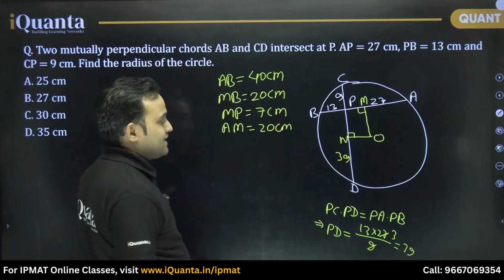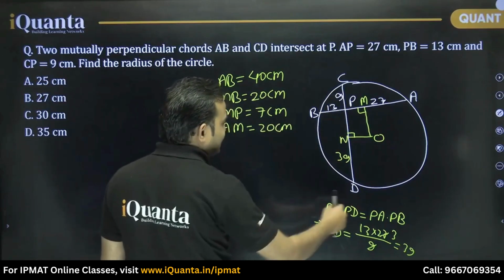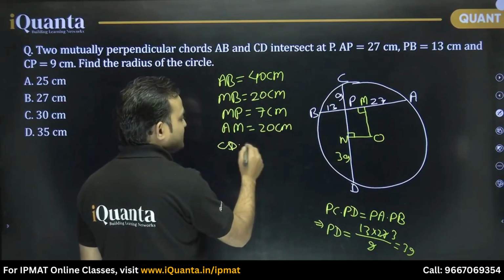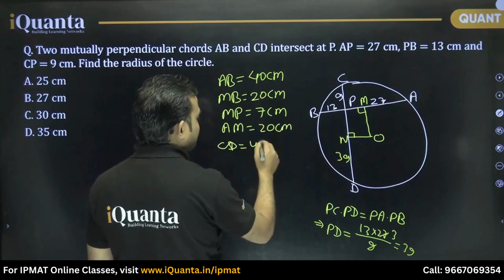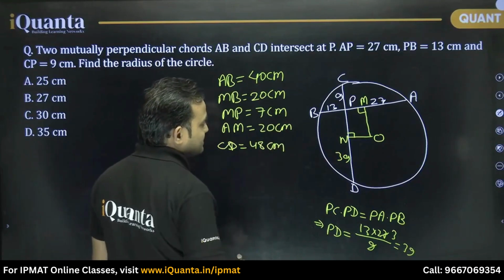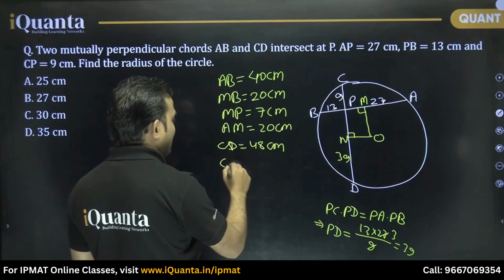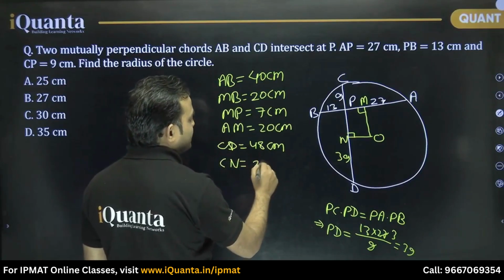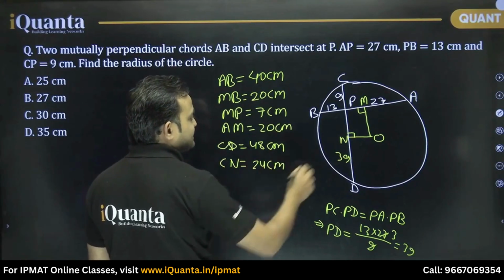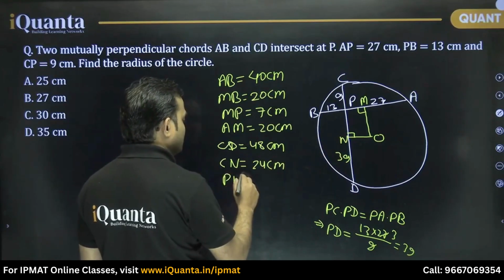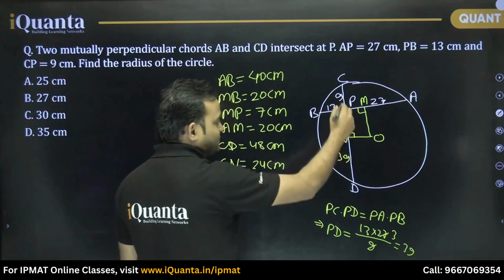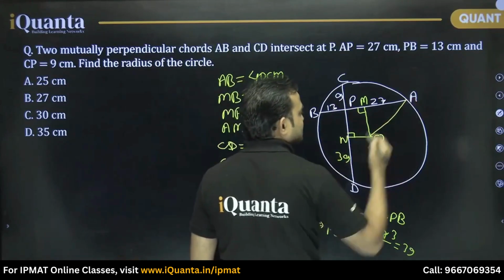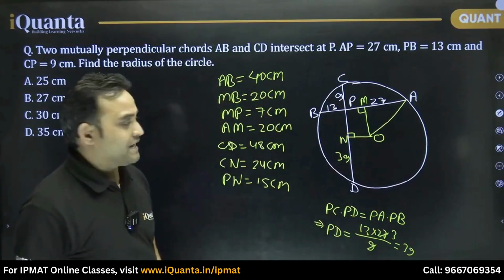CD will be 39 plus 9, 48 centimeters. CN will be 24 centimeters, and PN will be 15 centimeters.